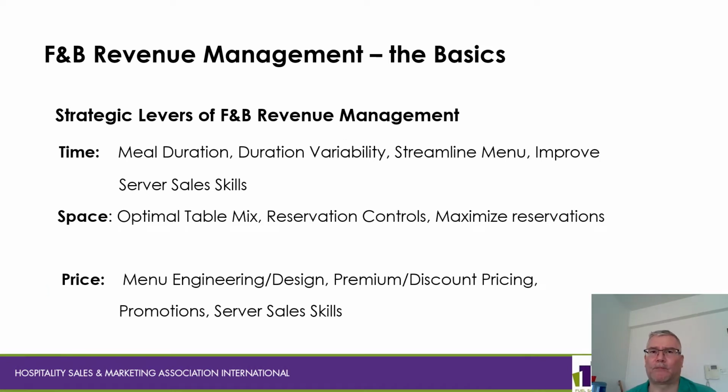We have 2 respectively 3 strategic levers of revenue management in the F&B industry. Time, it means we talk about meal duration variability, and when we can streamline menus to prepare them faster, to serve them faster. We can work on the server sales skills to sell those dishes we want them to sell and which have higher profit margins or could be done quicker.